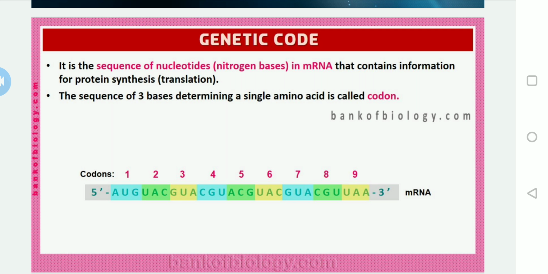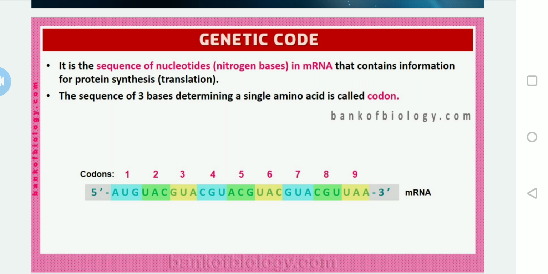It is commonly used as a translation. So what does the genetic code mean? It is a sequence of nucleotides, commonly nitrogen bases in messenger RNA, that contains the information for protein synthesis. It is also known as the translation.